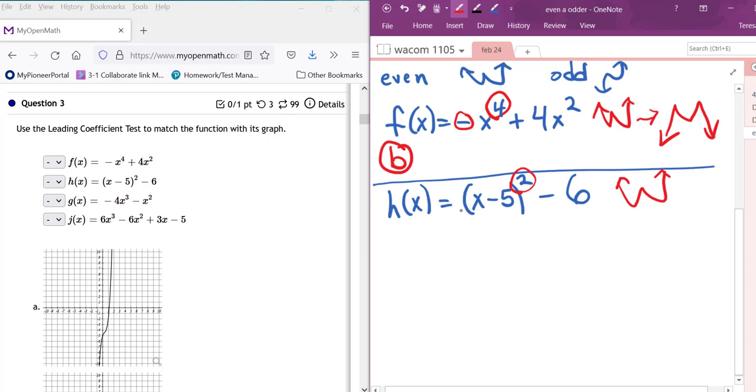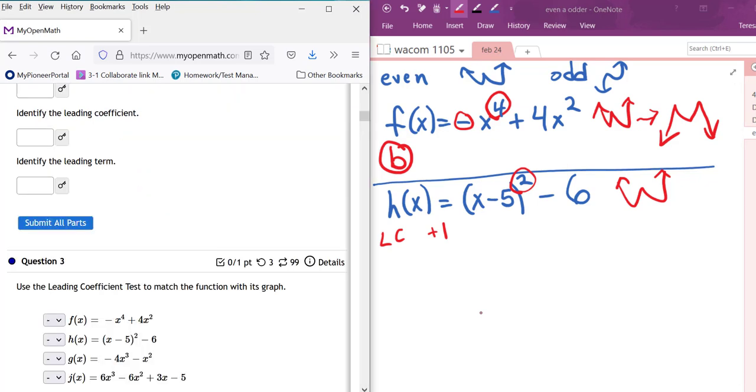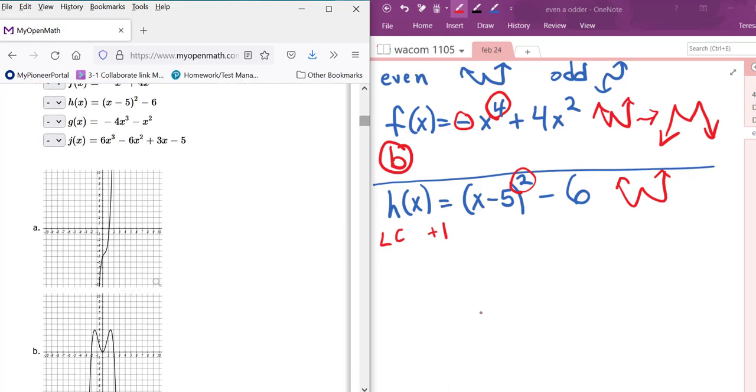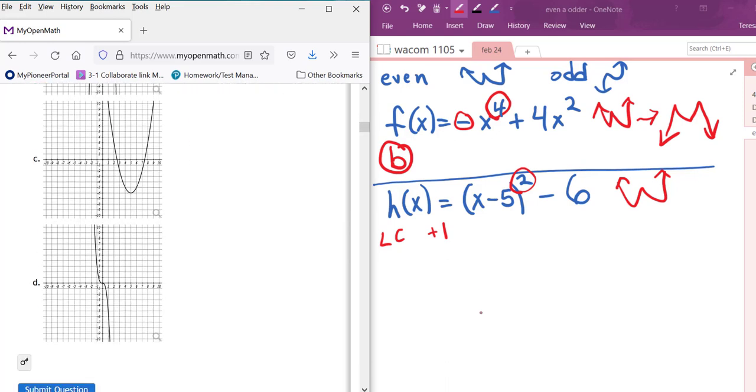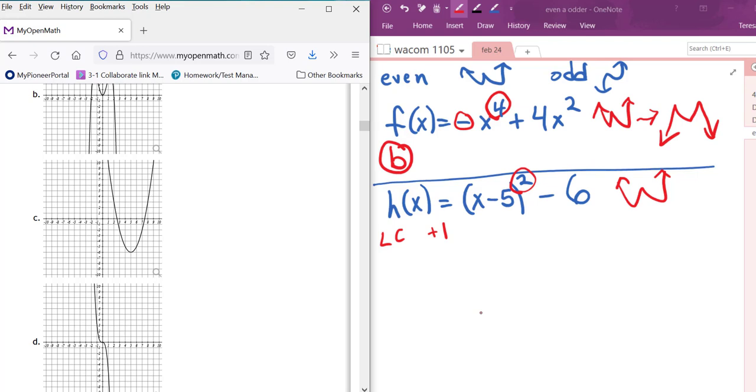Your leading coefficient is a positive 1. So this one is not going to flip upside down. It's going to look like that W, except there is no loop in here. So it is the parabola. So this one is choice C.